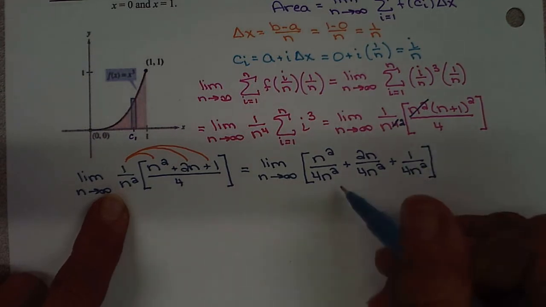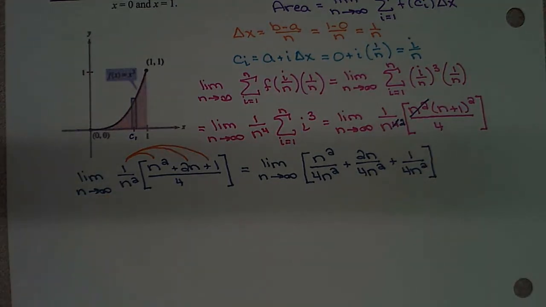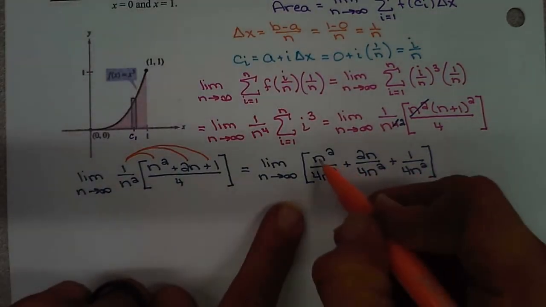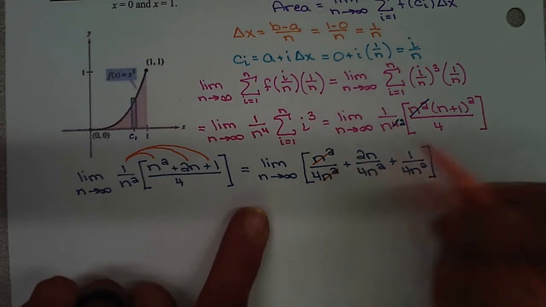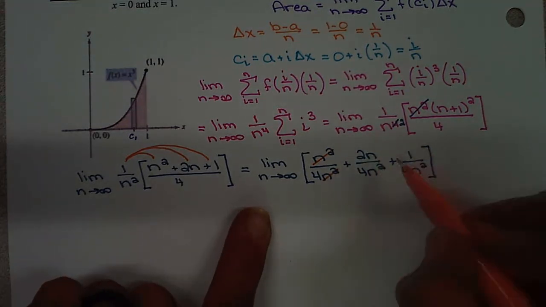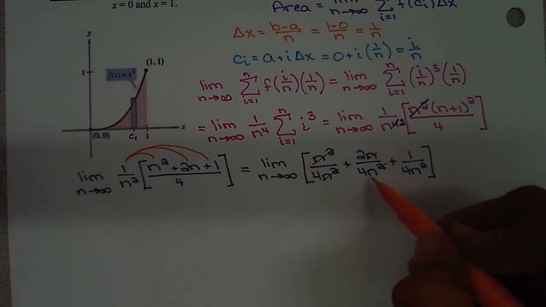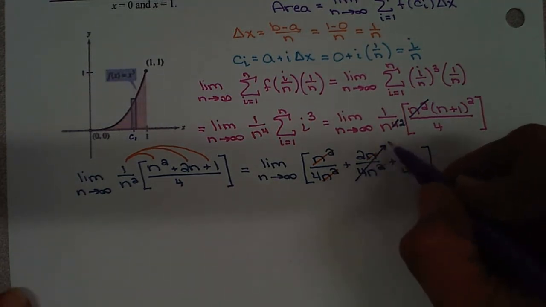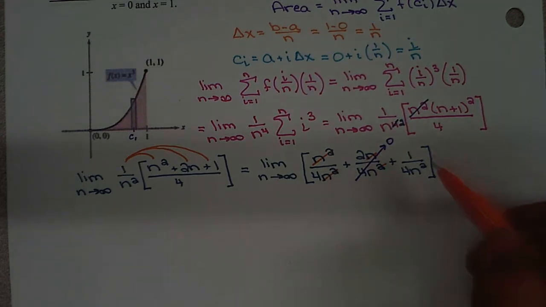And all of this now I'm taking the limit as n goes to infinity. And on here now you can see this n squared and this n squared will cancel. Here, only one of these n's will cancel. And whenever this n on the bottom goes to infinity, this entire term here is going to go to 0, because any number divided by infinity is basically then a 0.